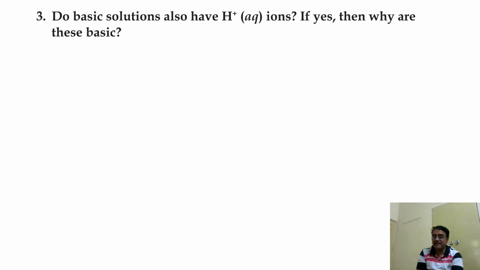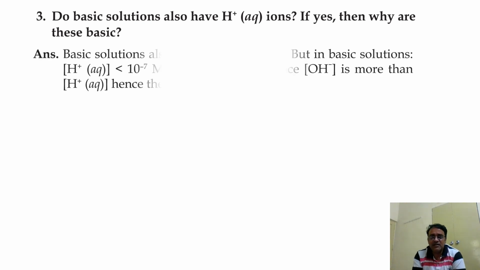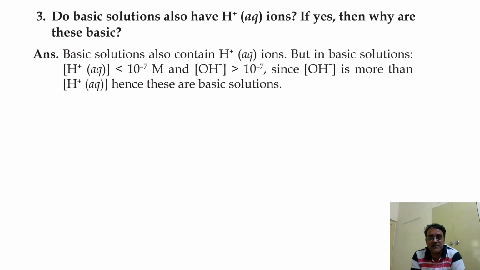So we have studied in session number 2 that bases also have H plus ions, but very few, and they have more OH minus ions. The concentration of H plus is very low. Okay, so the basic solutions also contain H plus ions, but in basic solution H plus ion concentration is less than 10 to the power minus 7, and OH minus is greater than 10 to the power minus 7.